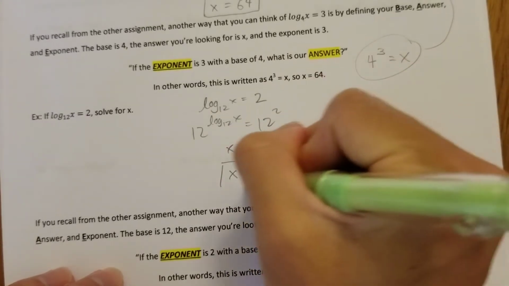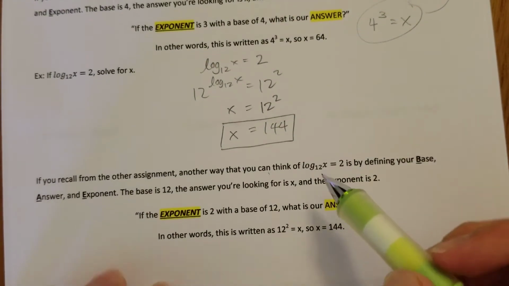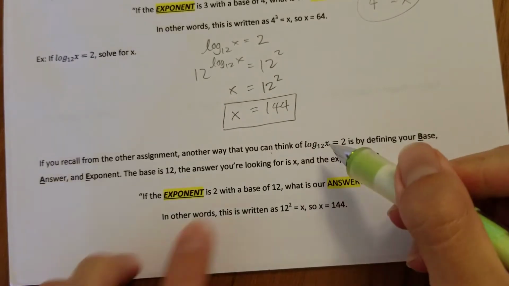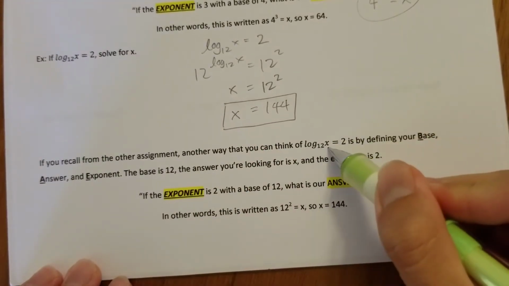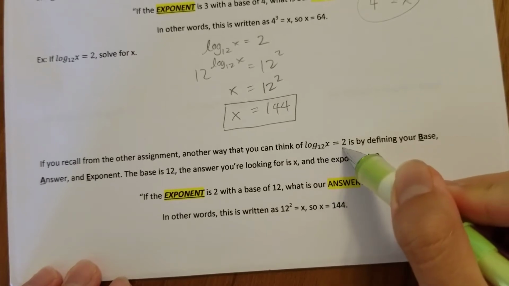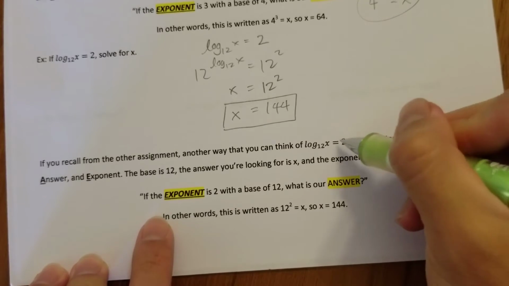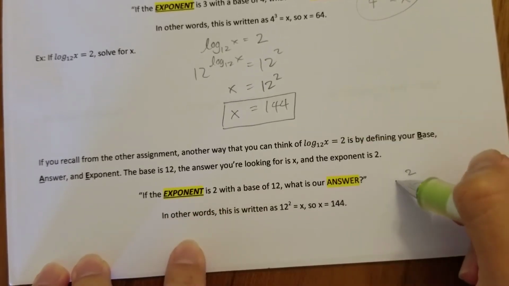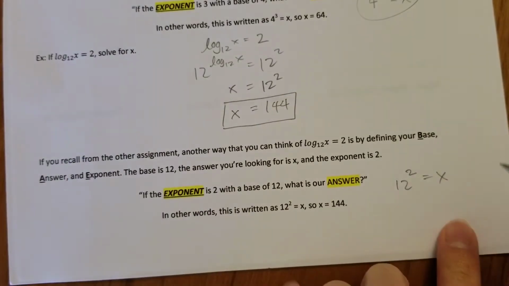Again, if we did it the way that Mr. Cam does it, you can think of log base 12 of x equals 2: this is your base, this is your answer, and this is your exponent. In other words, if the exponent is 2 with a base of 12, what is our answer?